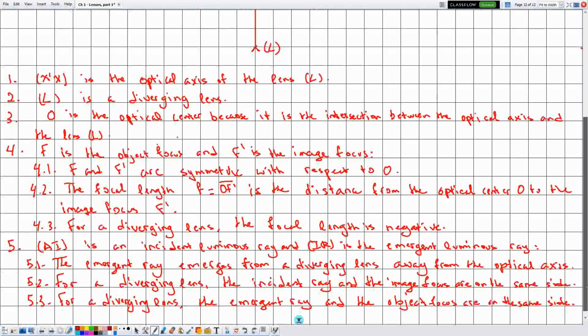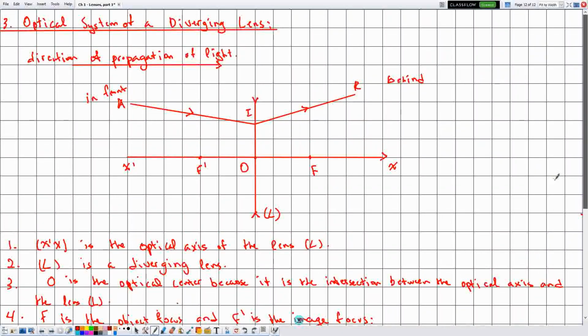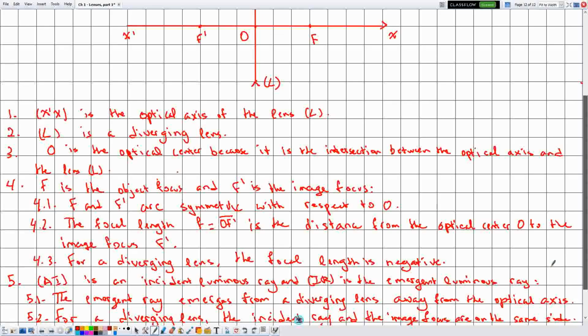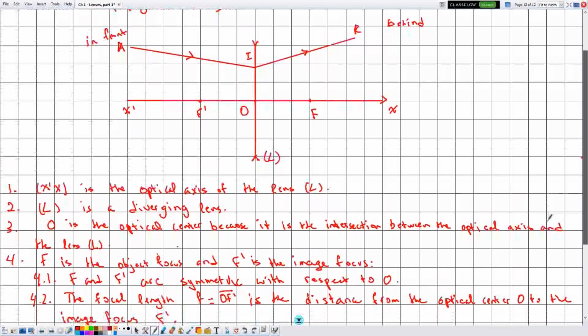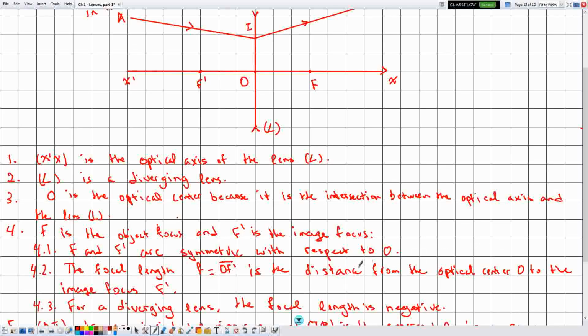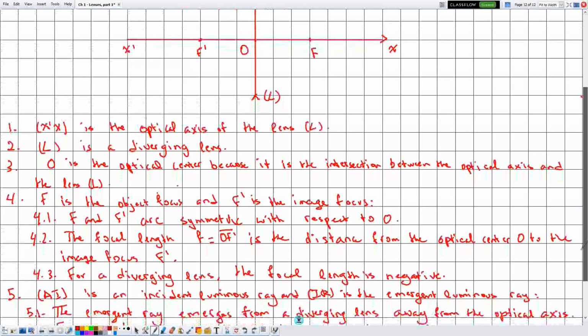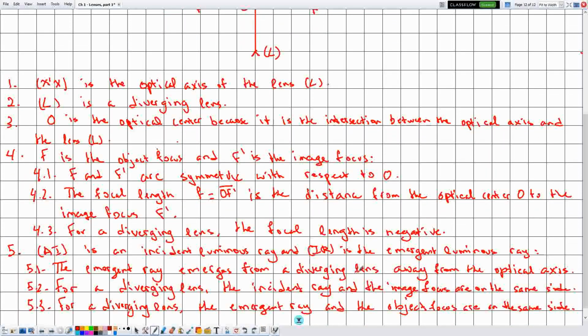Okay, so that's it for this section. We have seen 4 important properties of a diverging lens. The first one is that the focal length of a diverging lens is negative. The second one, the emergent ray emerges from a diverging lens away from the optical axis and not toward, which is the case of a converging lens. And finally, the incident ray and the image focus are on the same side, and the emergent ray and the object focus are on the same side.